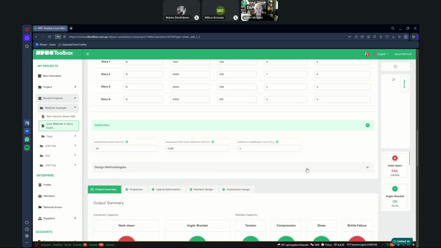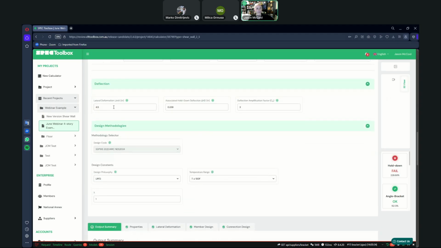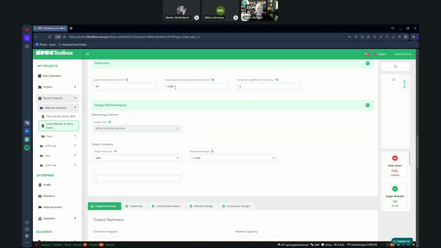So in this case, here's my inelastic deformation, and then my C sub D factor reducing that, so it'd be like 1.5 inches elastic deflection. Here's my hold down deflection. That's coming from a publisher's catalog for LRFD values.